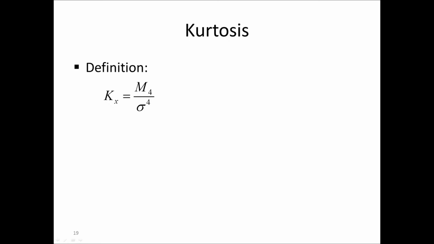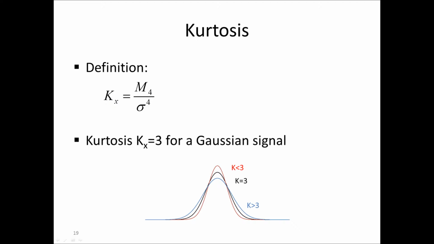Another very common statistical property is the kurtosis. The kurtosis is defined as the fourth moment normalized by the standard deviation to the fourth power. It can be shown that the kurtosis k sub x is exactly 3 for a Gaussian signal. Also, since the kurtosis is based on the fourth moment, raising all values to the fourth power, it's a positive number.